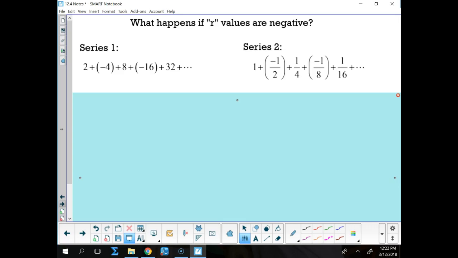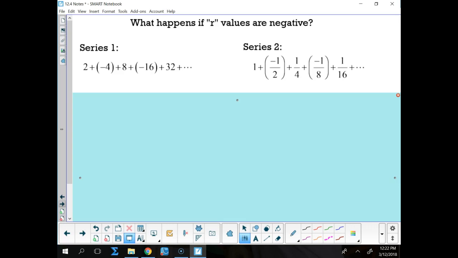Can you tell me about series 1 or series 2? I believe series 1 is still going to be an exponential increase. And then series 2 is going to be a decrease. It's my guess.